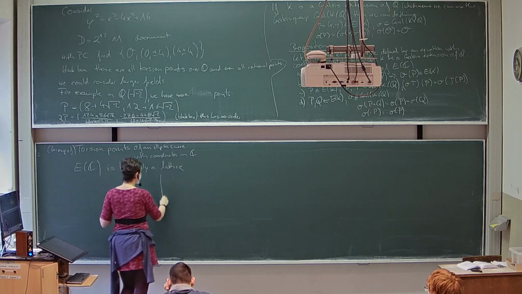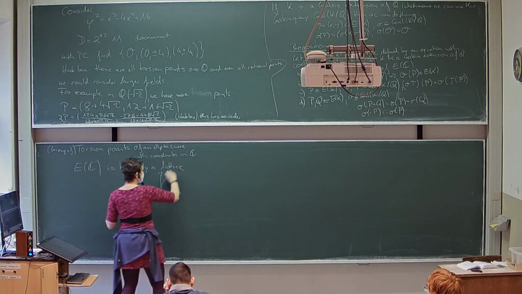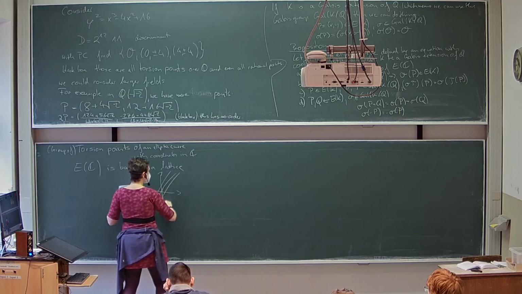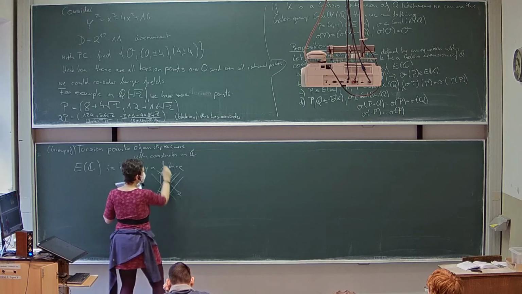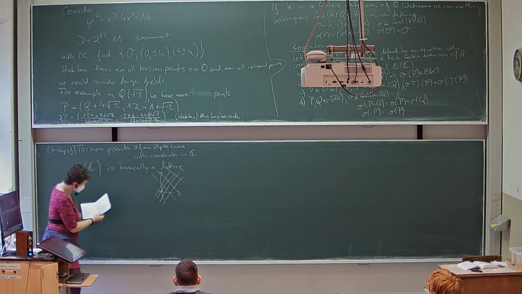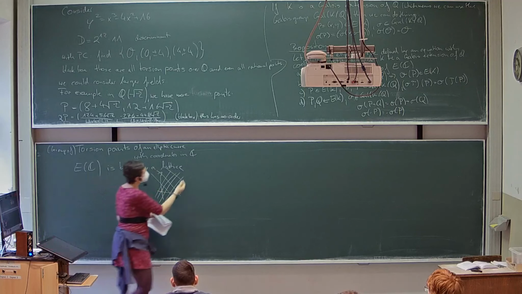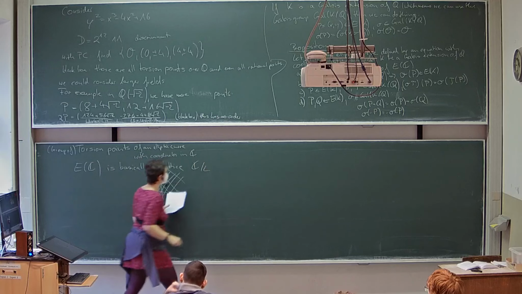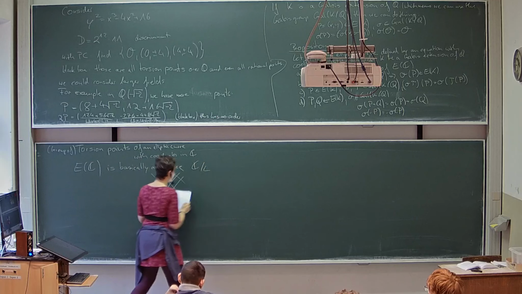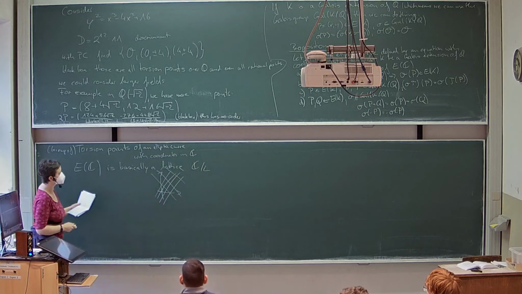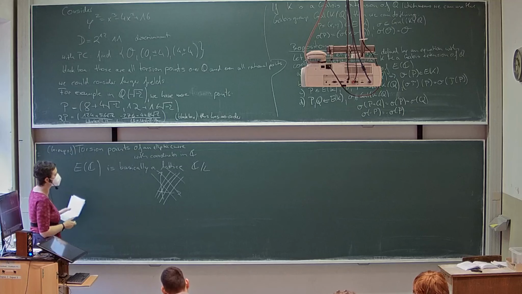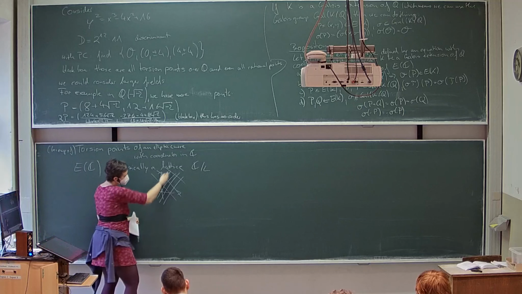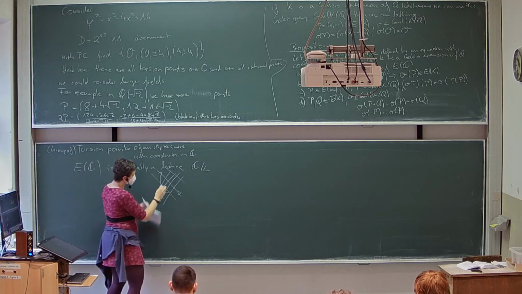If we write it down, then it's C modulo L, where C are the complex numbers, L is a lattice, and the lattice is basically this.